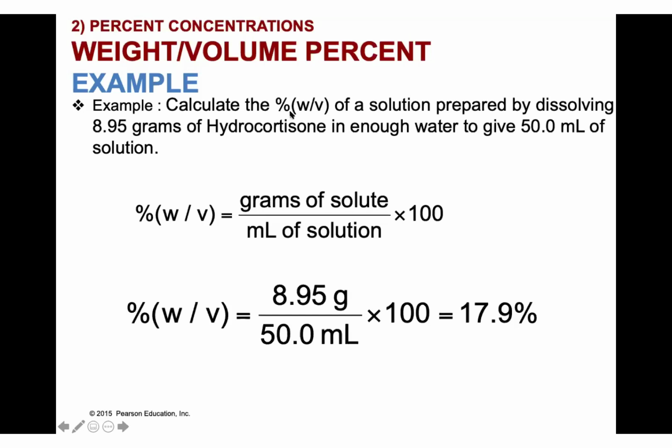So they give you enough information. What do you think they should give me? They should give me a density. I will convert the milliliter that they gave me to gram and then I solve this question. So if they gave you milliliter and ask for W over V percent, they should give you a density basically to convert it.